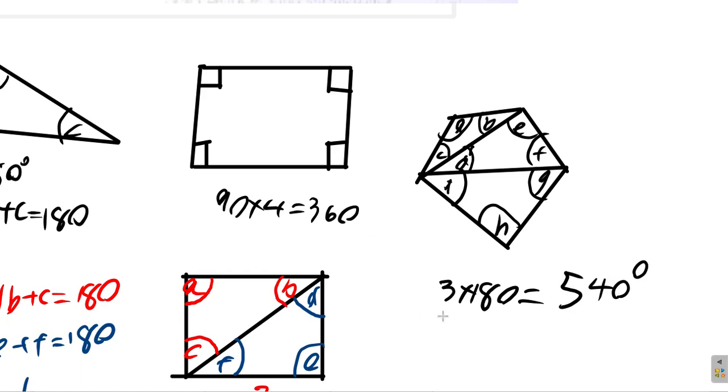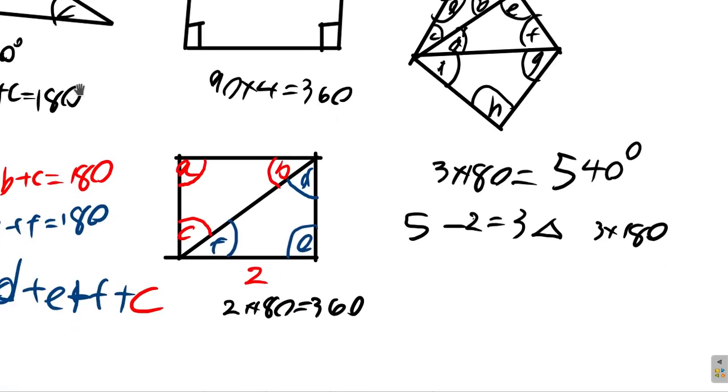Now, that is 5 sides minus 2 gives you 3 triangles. So it's 3 times 180. In the case of the quadrilateral, it is 4 sides minus 2 equals 2 triangles. 2 times 180 gives you 360.